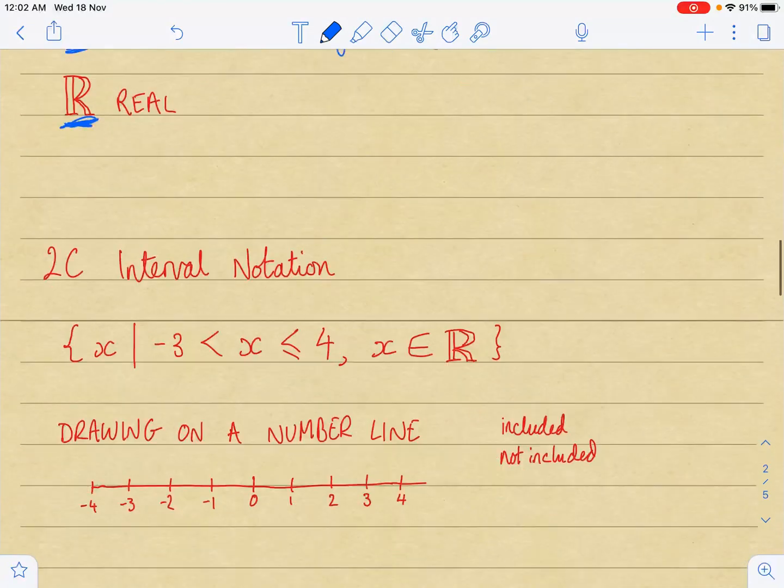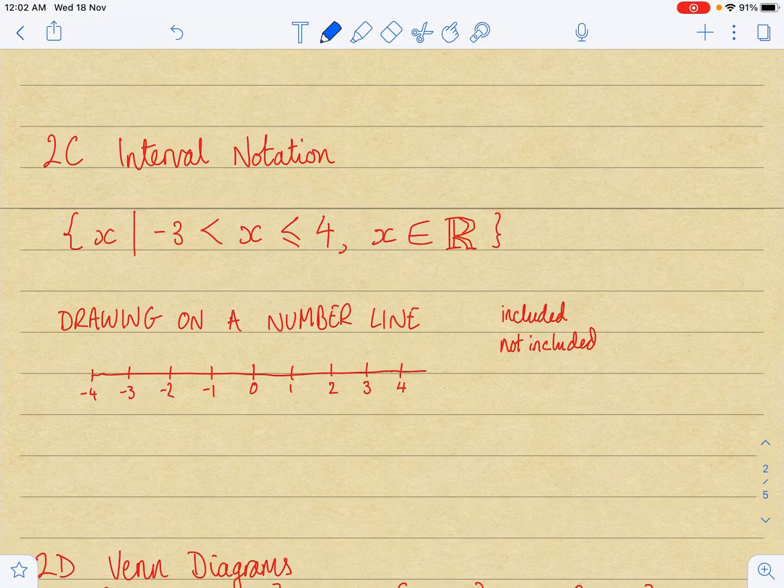All right. Interval notation. That's probably best demonstrated by this example. And this means that x is such that x is between -3 and 4. So this less than symbol means -3 is less than x and x is less than or equal to 4.